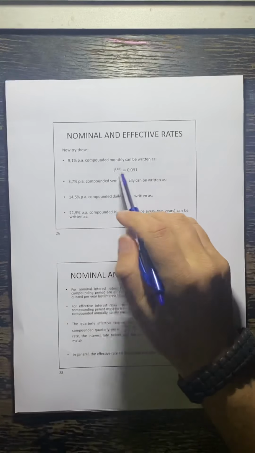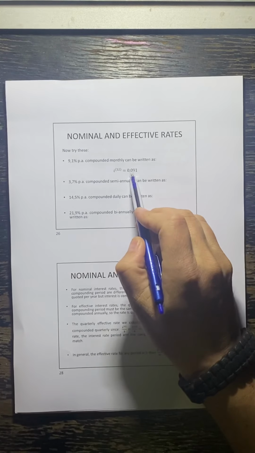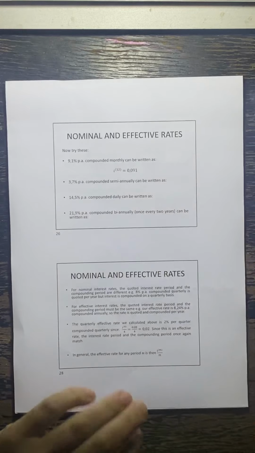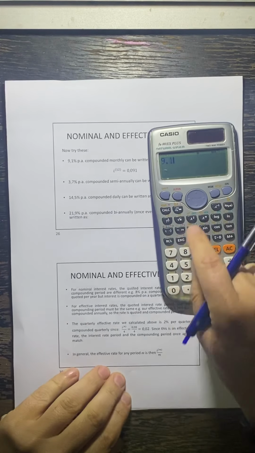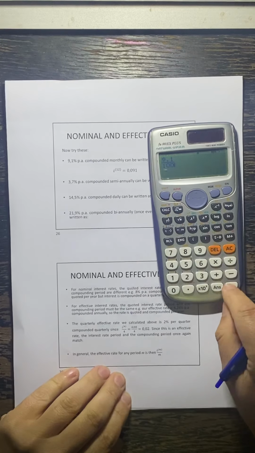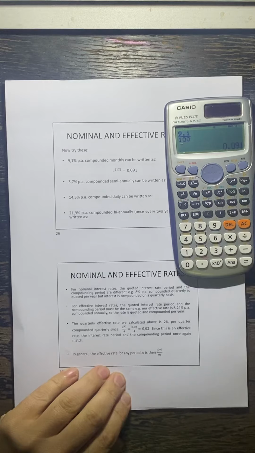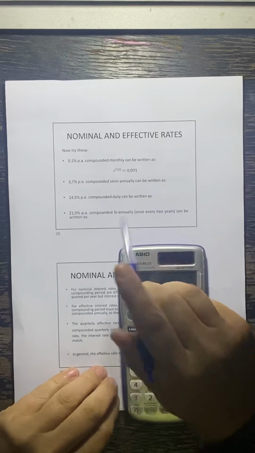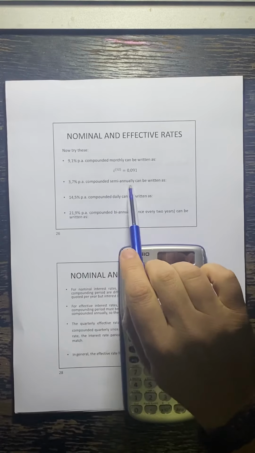We always look at a year, guys. So there are 12 months, so it's i_12 equals 0.091. How did we get that 0.091? Well, we just took the 9.1 over 100, and you get that.